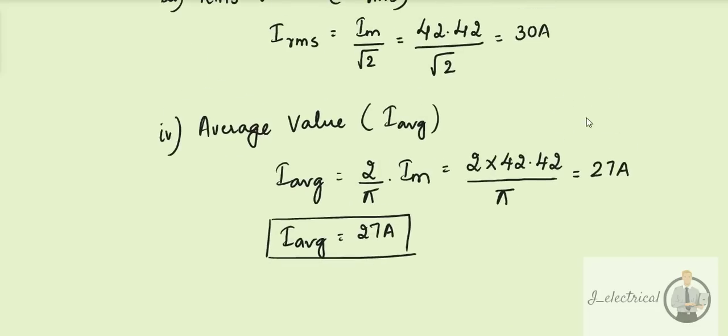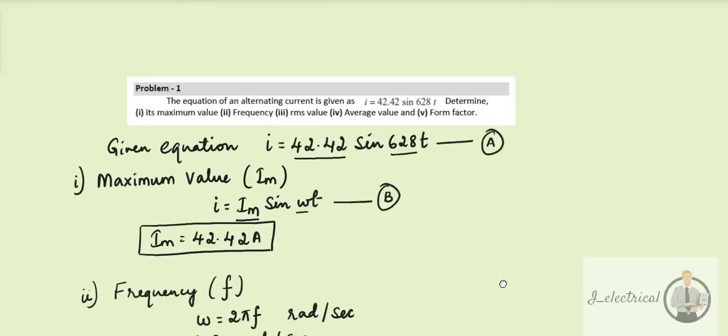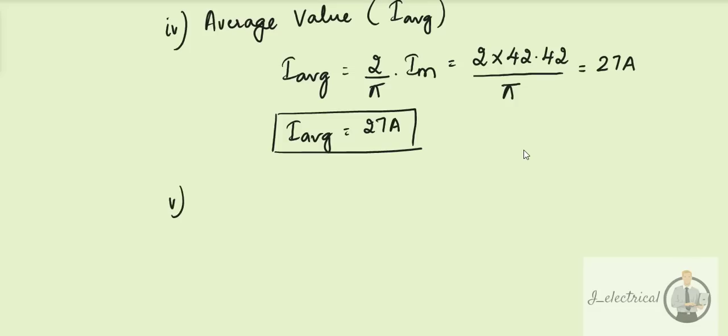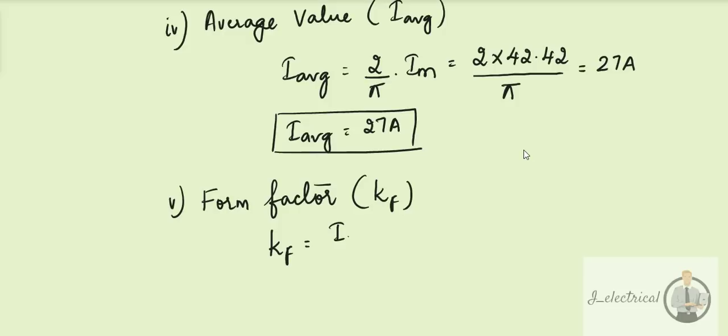Last one, we have to find out the form factor. Fifth one, form factor, which is denoted by Kf. We know that Kf is given by I RMS over I average.